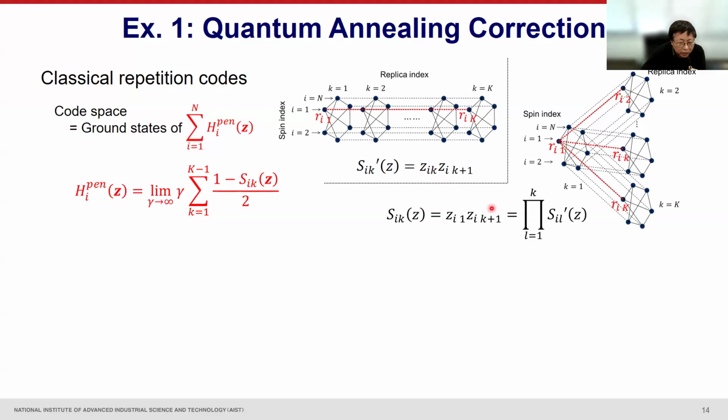Alternatively, one can consider another realization of QAC given by this figure. In this system, the associated syndrome pattern is given by like this, and which can be represented by the products of this syndrome pattern.